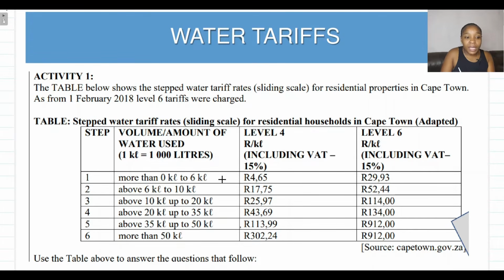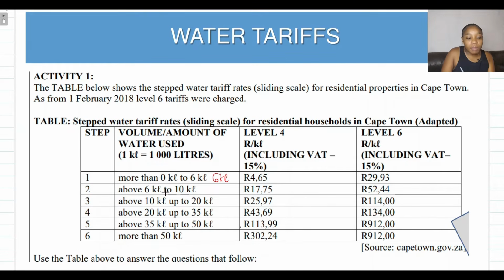Okay, so to determine how many kiloliters of water was used in this first step, we know that between 0 and 6 kiloliters, 6 kiloliters of water was used. So between 6 and 10 kiloliters of water, how much water was used?